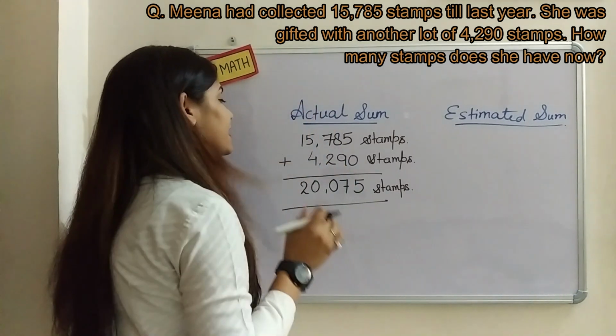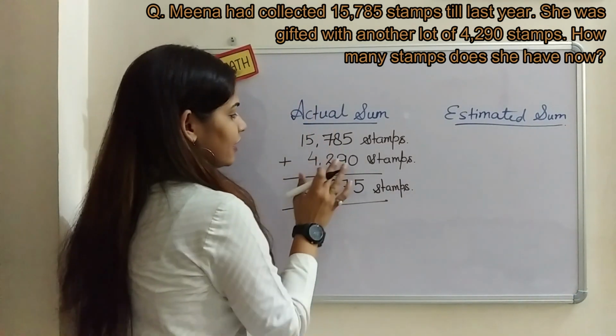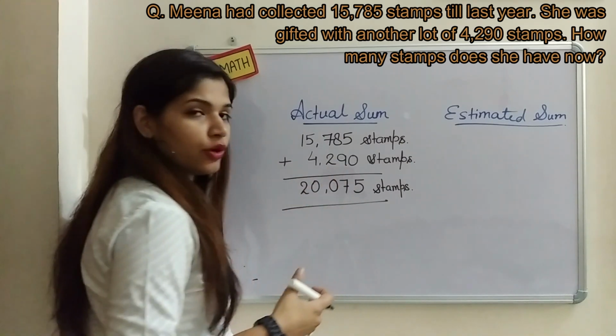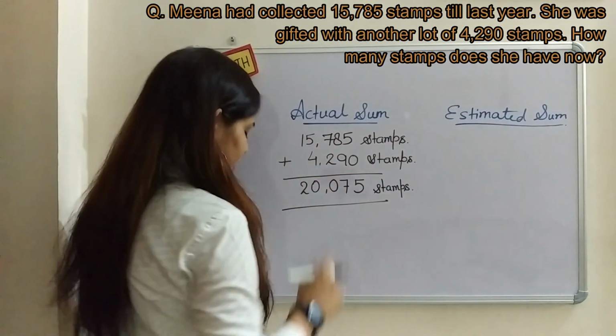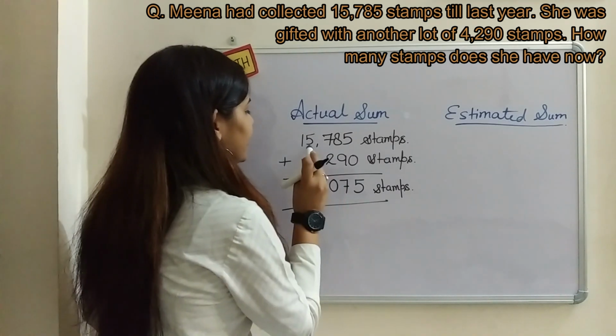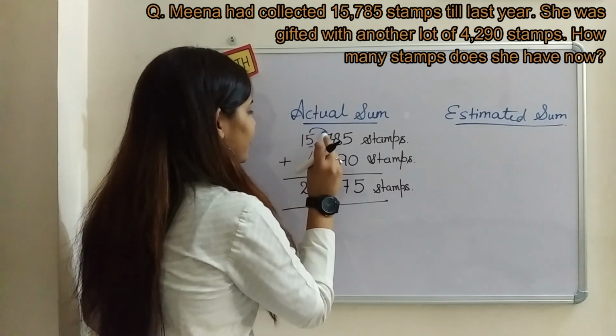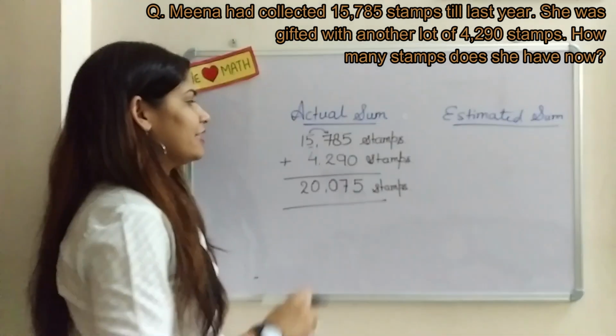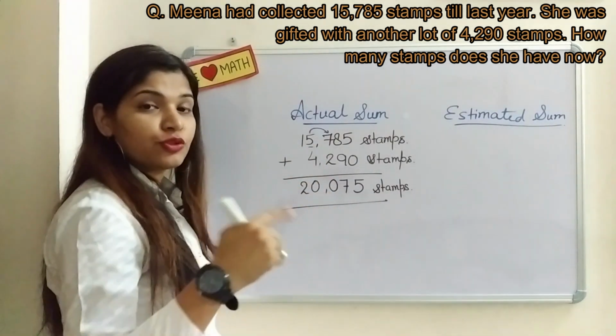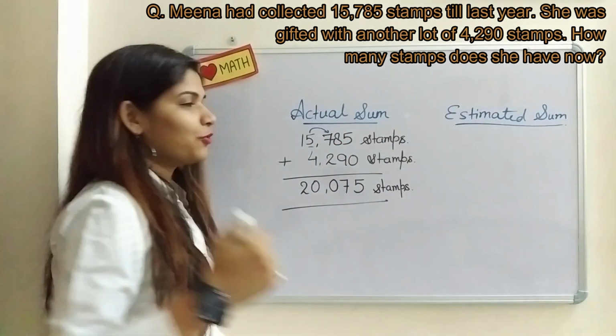Now again we see both numbers are in thousands, so we can round off to the thousand. So it is ones, tens, hundreds, thousands. 5 is at the thousand place, and we will see 7. As 7 belongs to the strong number category, it will push the 5 to the next number because it is so powerful.